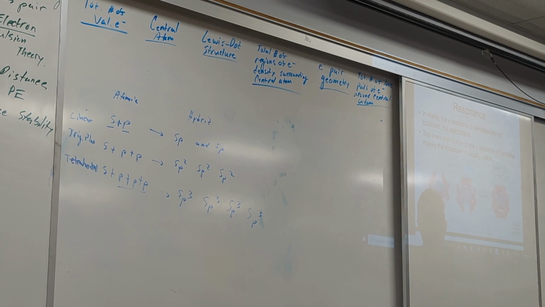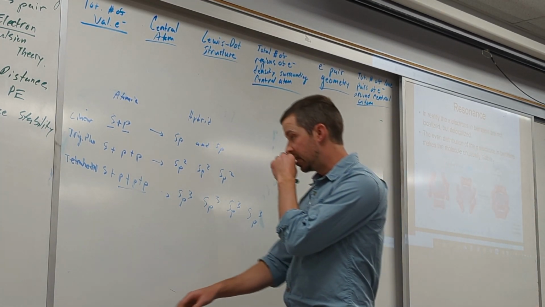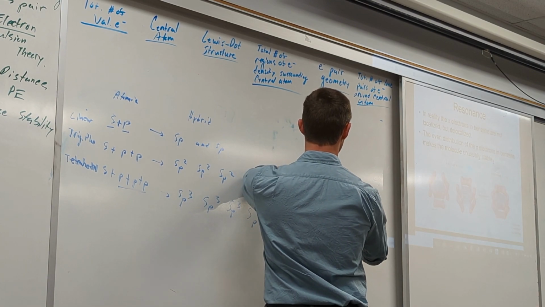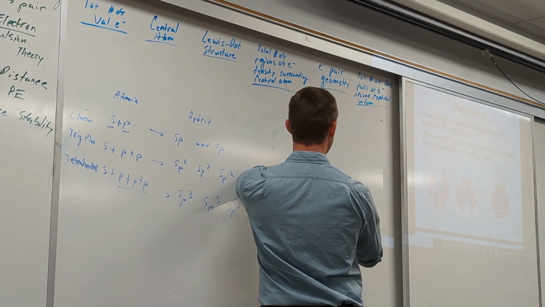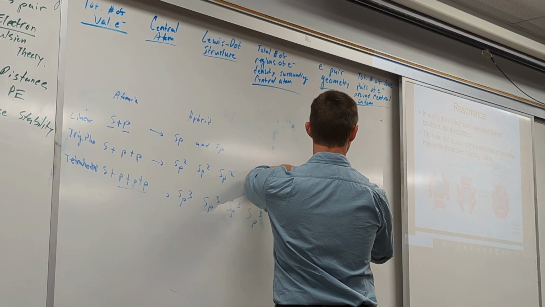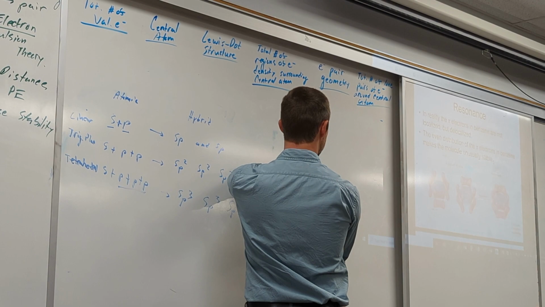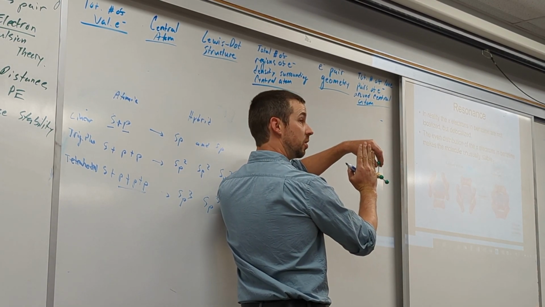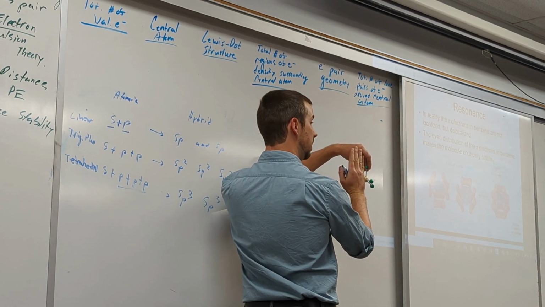If we took this one, what shape is that? That's tetrahedral. 3-dimensionally on the board, we mentioned it, but it's not necessarily something I need you to do. So this carbon I'm holding onto, this one on the side, if you were to look at that, I could chop those in half with my hand perfectly. So that means they're in the same plane.